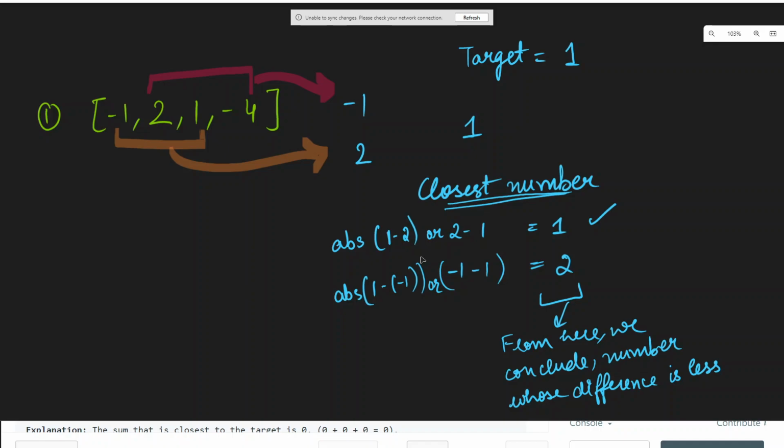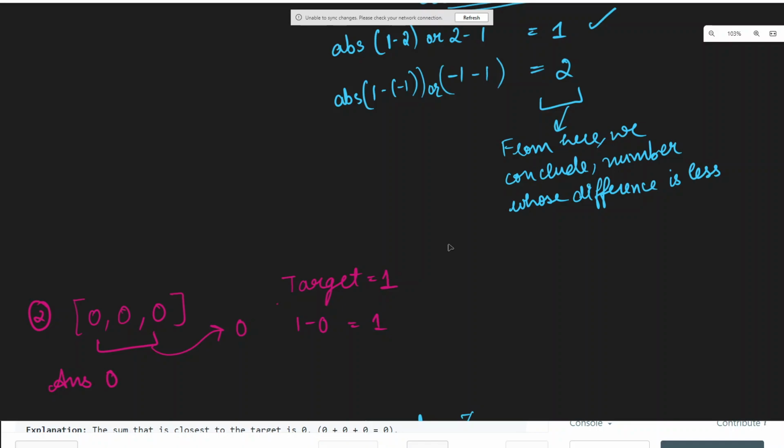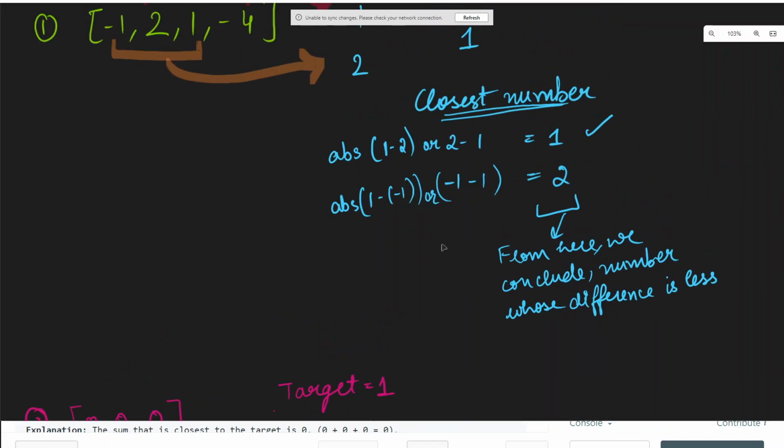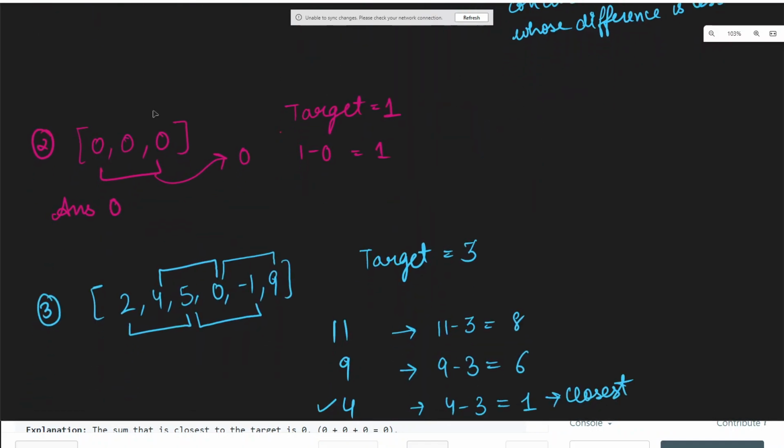That I have also given in the example: we can do it by taking the difference, and whosoever is closest can be directly assigned. Then in the next example, the sum is basically 0 and there is nothing to compare, so the answer would be 0 here. Basically, we are required to return the sum, and the sum was 0.